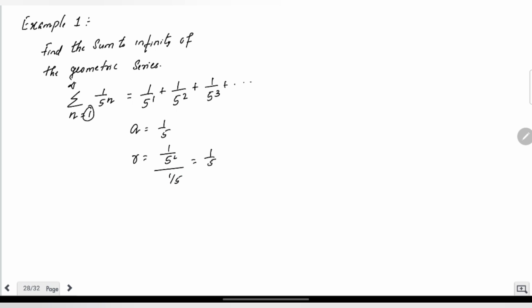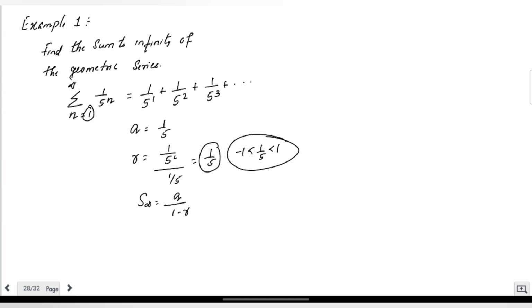You can use the calculator. You can see that the common ratio is in between minus 1 and plus 1. This is the main point. Then only these things will work. So I can find the sum to infinity. What is the formula? a divided by 1 minus r. It's the simplest formula in this chapter. Remember, you are adding how many terms?